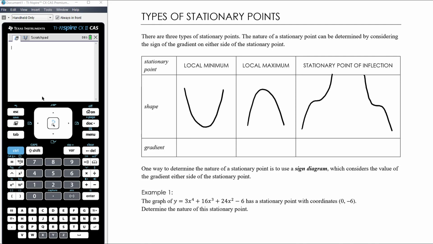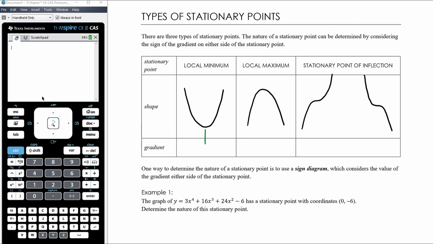Okay, so what we want to be able to do to identify the kind of stationary point we've got is to think about what's happening with the gradient either side of the stationary point. So we know at each stationary point we have zero gradient. I'll use a different colour there.